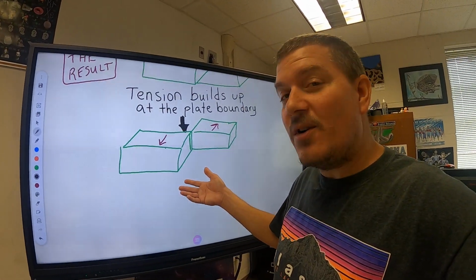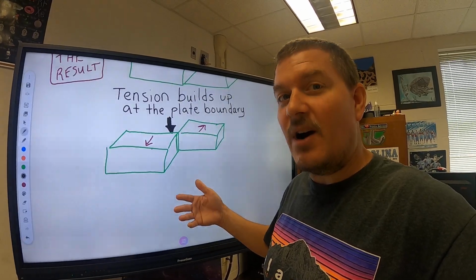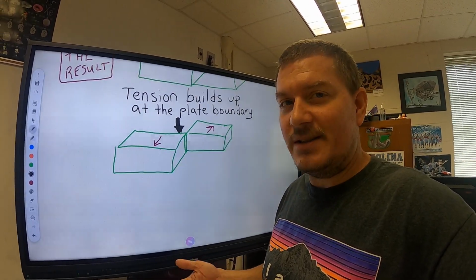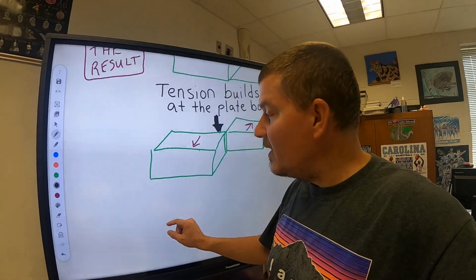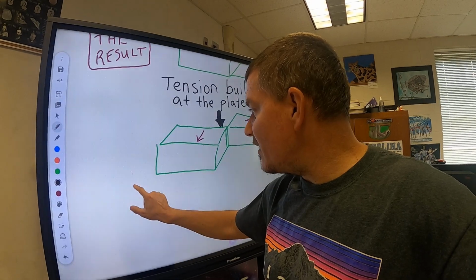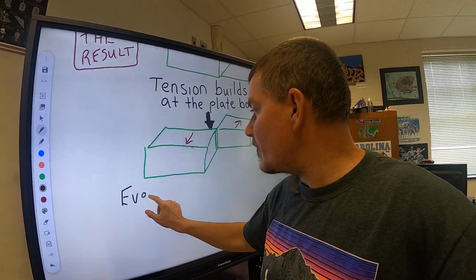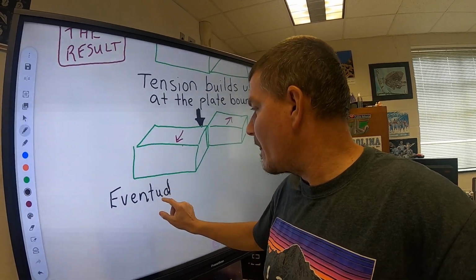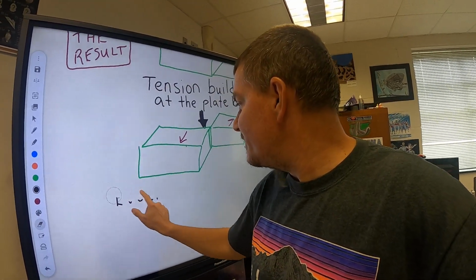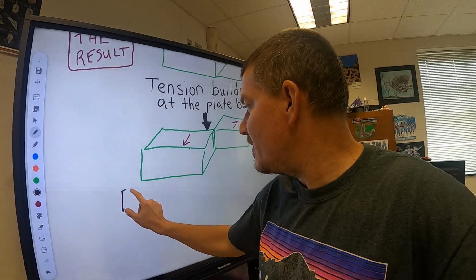So our main result from transform boundaries are earthquakes, and the San Andreas Fault is incredibly famous for earthquakes that happen there. So we're going to go ahead and write a little statement here.